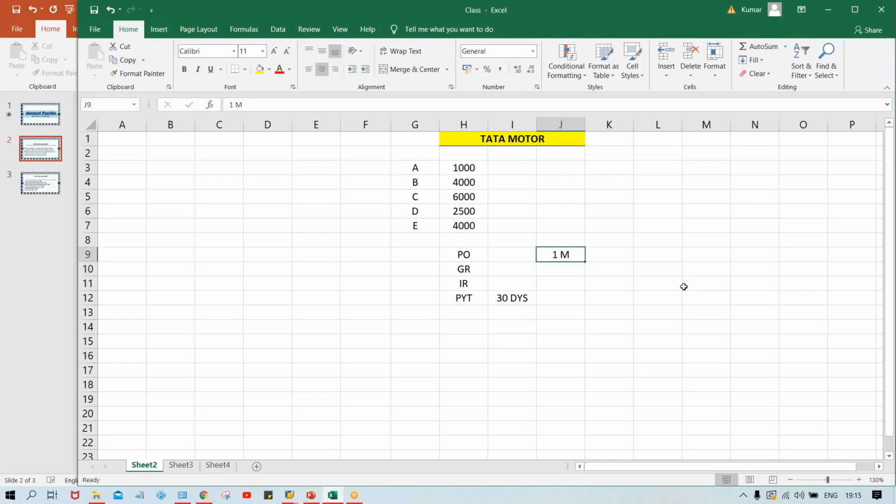This 1 million is your payable. In future you must pay after 30 or 45 days. You are liable to pay this amount to the vendor, so it is your payable.